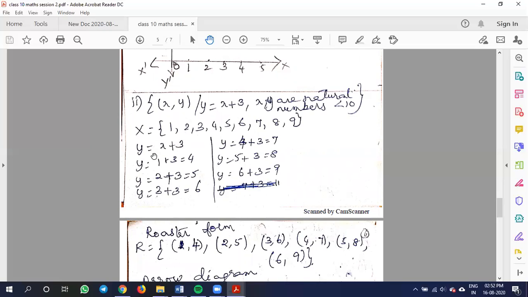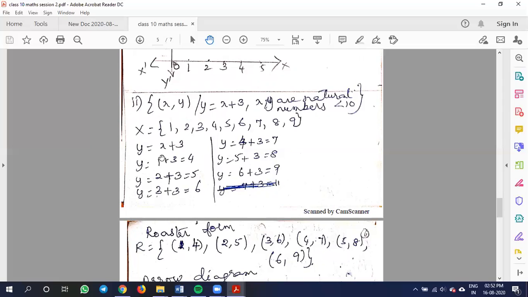First you have to substitute the value as 1. Here 3 is a constant and x is the only variable. So we have to change the value of x alone, not this 3. This is constant.